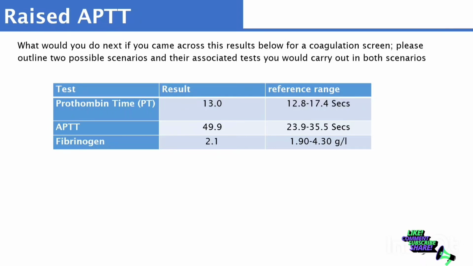Is it haemolysed? Is it lipaemic? Like I've taught you before about the HIL test: haemolysis, icterus, that's high bilirubin, and lipaemia. So is it haemolysed? Is it icteric? Is it lipaemic? Is it underfilled? Is it clotted? These are what you might need to check pre-analytically.